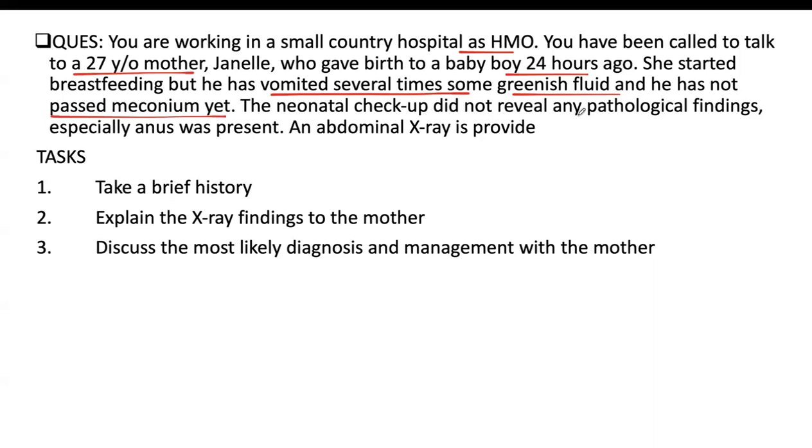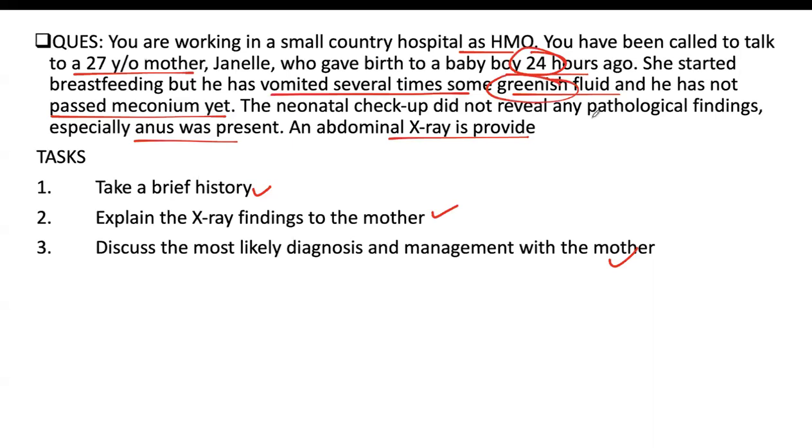The neonatal checkup did not reveal any pathological findings, especially the anus was patent, and an abdominal X-ray is provided. Your task is to take a brief history, explain the X-ray to the mother, and discuss the most likely diagnosis and management with the mother. So what we have found is a 24-hour-old baby who is having greenish vomiting after feeding and hasn't passed meconium yet.